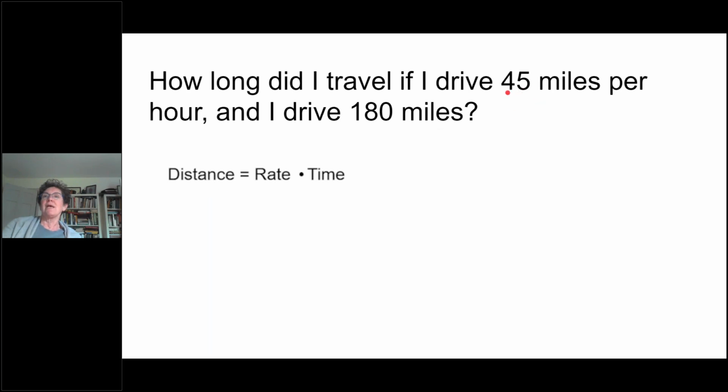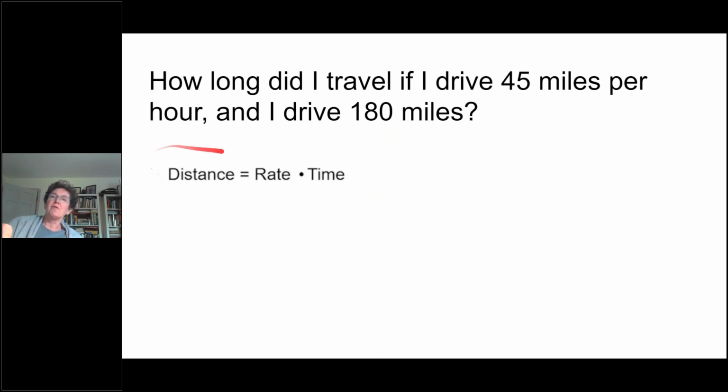It gives me the rate, 45 miles per hour. So rate is not my unknown. It's asking me how long. So what is the length of time that I drive if I drive 45 miles per hour and I drive 180 miles? How long will I be on the road?